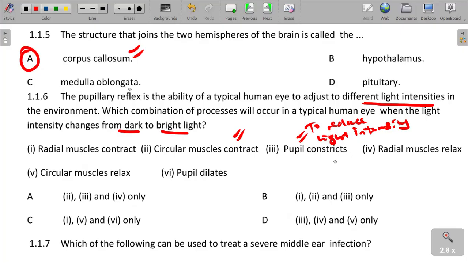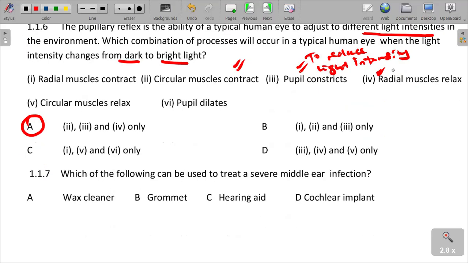And then four, the radial muscles relax, which is also correct. So number 6, our correct answer is A: the circular muscles contract, the pupil constricts, and the radial muscles relax. Go and look again on Metric Hub at the functioning of the human eye, accommodation, the pupillary mechanism, and binocular vision.